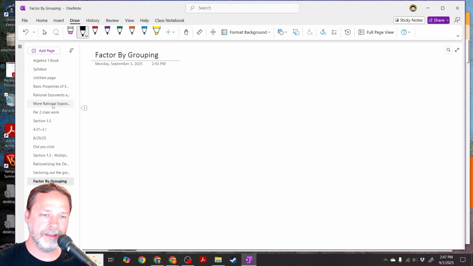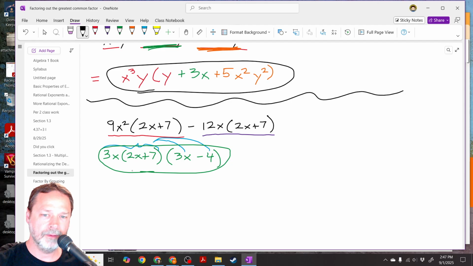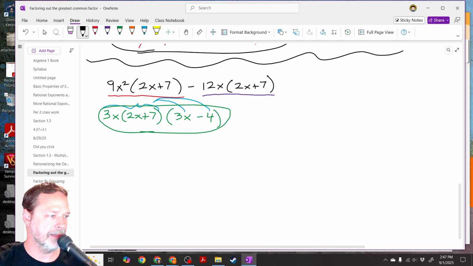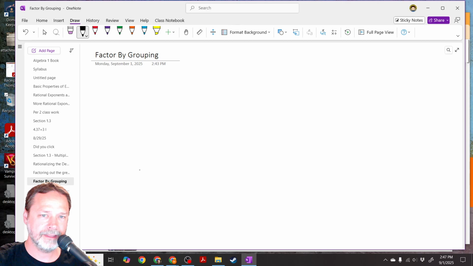I mentioned this too. We did, especially this one right here, a little factoring out greatest common factor. If we extend that, we get this factoring by grouping method. There's lots of ways to factor when we get there, trinomials, quadratic equations, stuff like that.